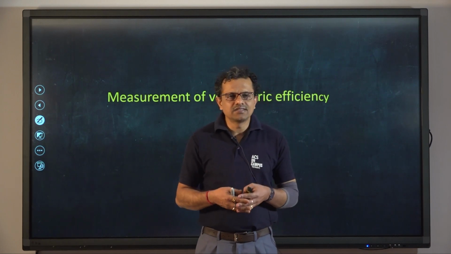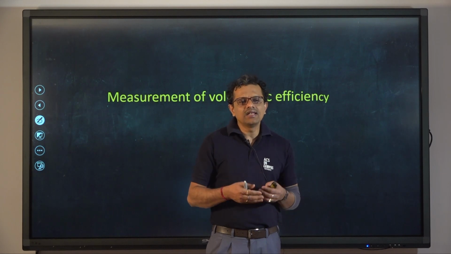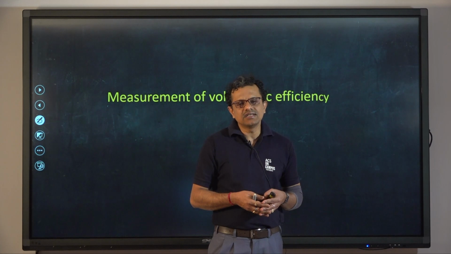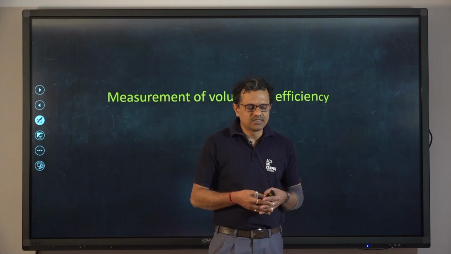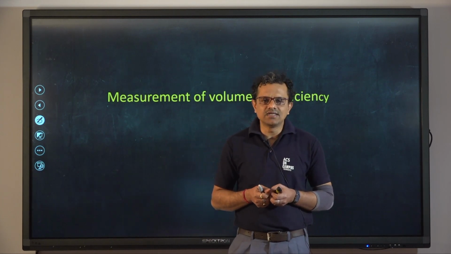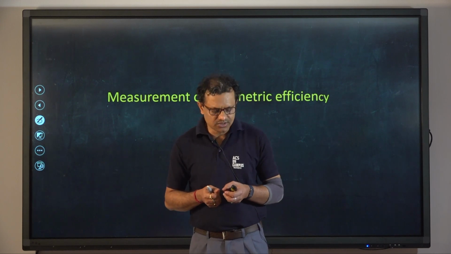So, all these issues should be taken into account while the amount of air which will take part in the combustion is considered. Considering this aspect, one term which is defined is the volumetric efficiency, that we have studied in our undergraduate internal combustion engine course.